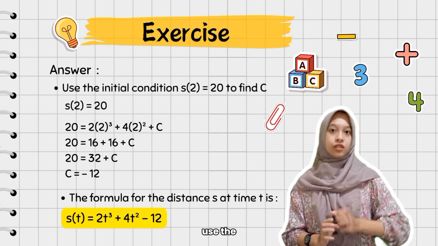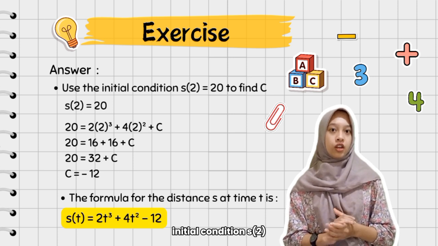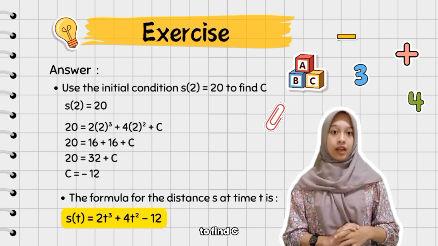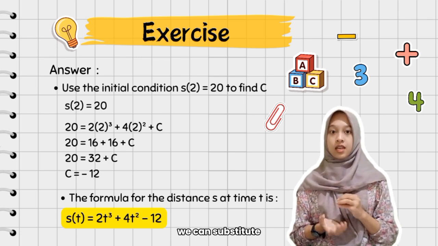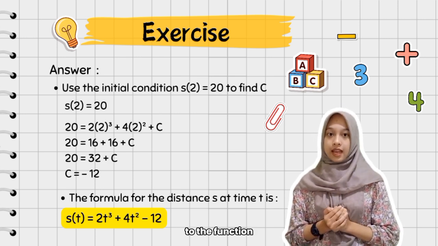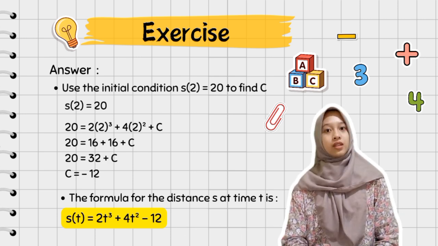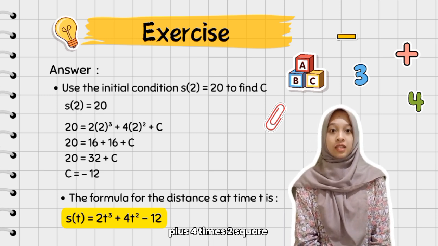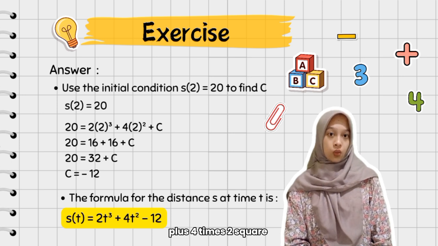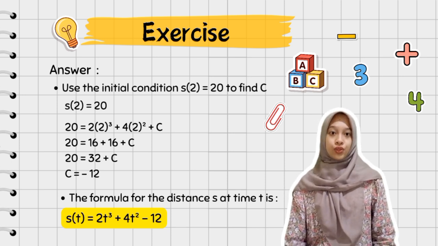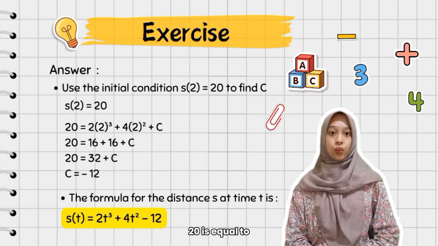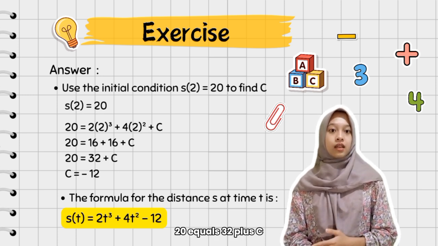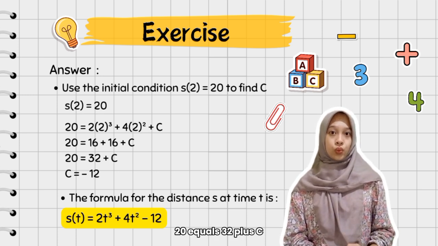Okay, next, use the initial condition s(2) equals 20 to find c. So we can substitute into the function s(t). So we know 20 equals 2 times 2 cubed plus 4 times 2 squared plus c. 20 is equal to 16 plus 16 plus c. 20 equals 32 plus c.